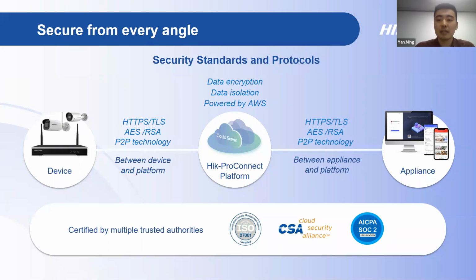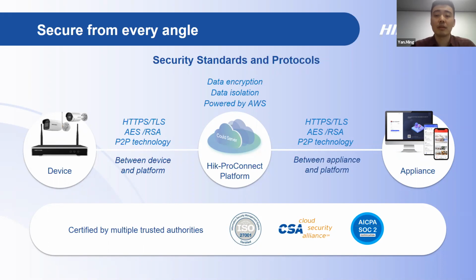In addition to that, the connections between devices, the platform and appliances use the HTTPS TLS protocol for private and secure data transmission. We also provide a user-defined AES RSA encryption key for stream encryption, which brings the security to another level.